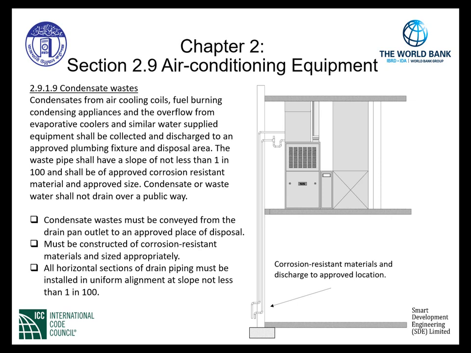The figure on the right side of the slide indicates piping that is installed as a condensate waste system from the appliances indicated on the upper level. The piping is run from the drain pan outlets of the equipment and the appliances down the wall and discharges to an approved location, being installed with corrosion-resistant materials.